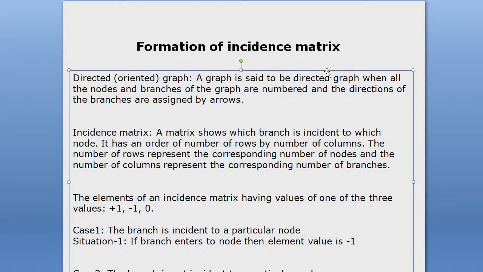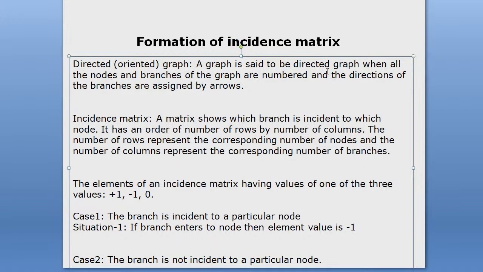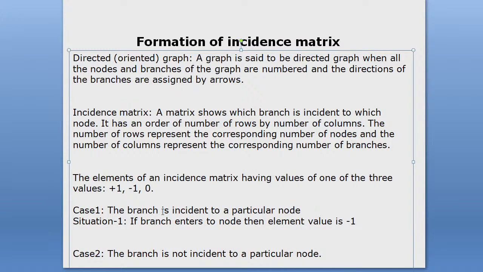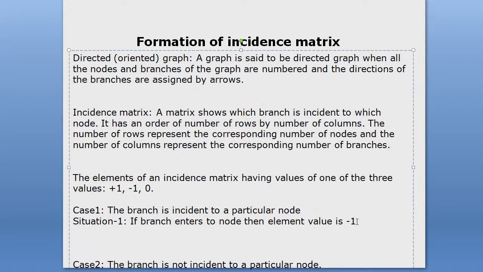Situation 2: the branch leaves from the node.